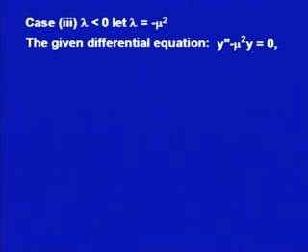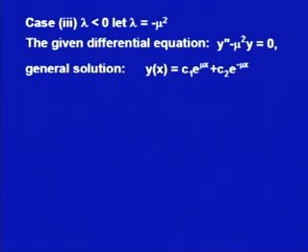What will be its characteristic equation? m square minus mu square equal to 0, so I would get two different characteristic roots, mu and minus mu. Thus, my general solution would be of the form C1 e to the power mu x plus C2 e to the power minus mu x.